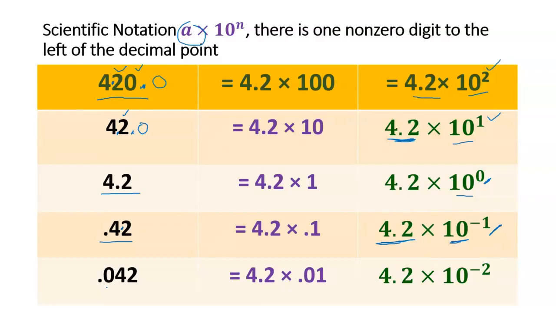Let's look at the next example, 0.042. So I'm going to make that 4.2 right there. The number became bigger than what it was by moving 2 places, and therefore my exponent is negative again. All these numbers that you see right there are in scientific notation.